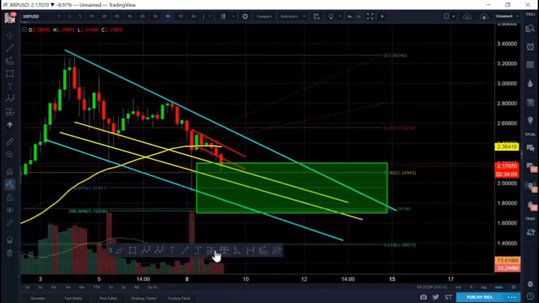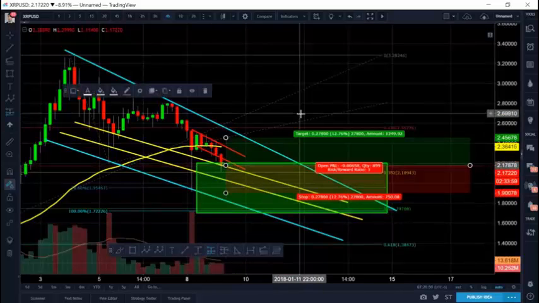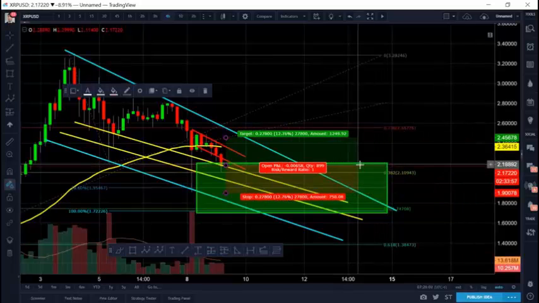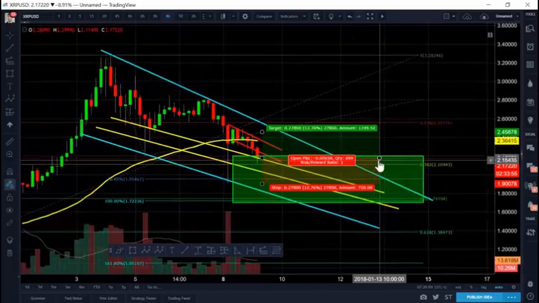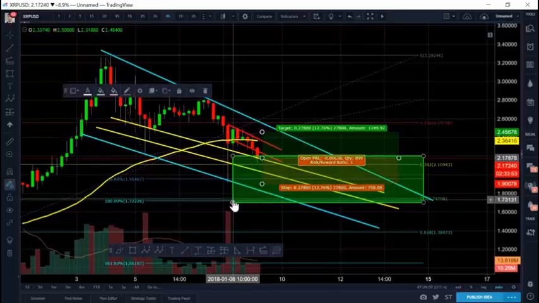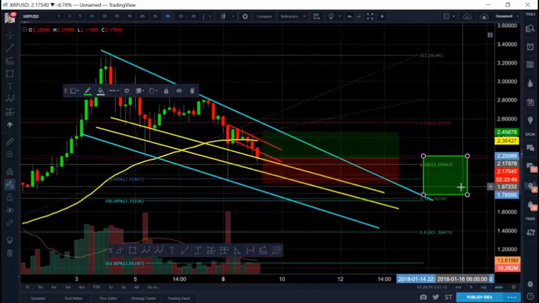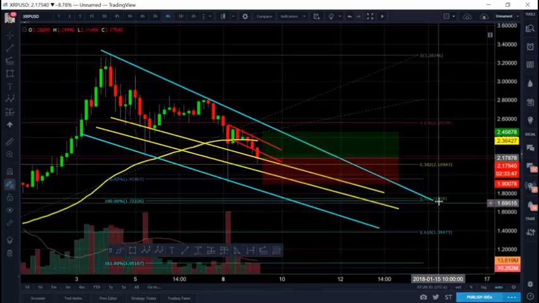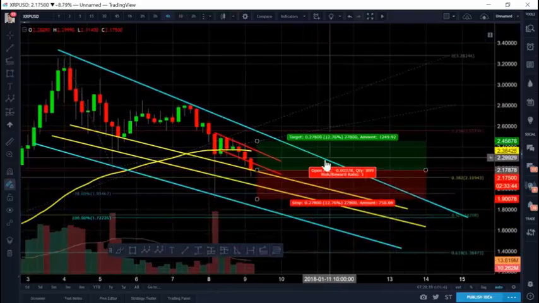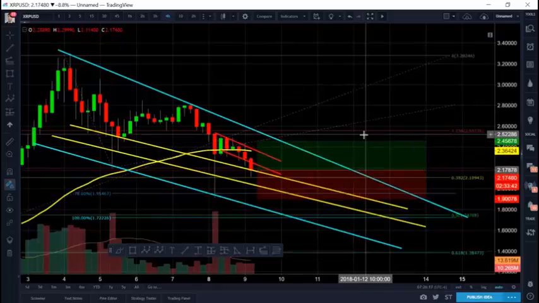Then all I'm going to do for any of these plays that I'm taking is, let's say I entered a position right here. This is a pretty good position as well. So this is the buy zone, which I'm just going to put a little box in here. It's between $1.70 and basically under 220.